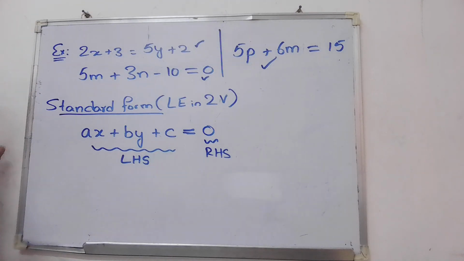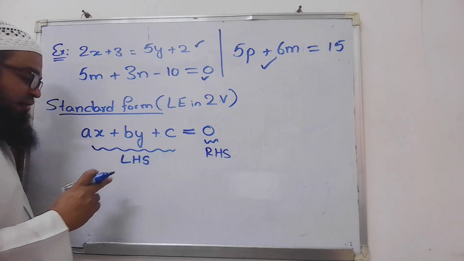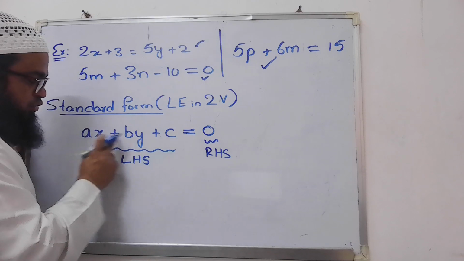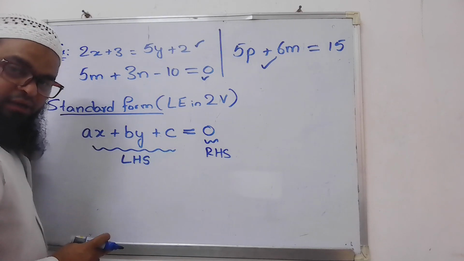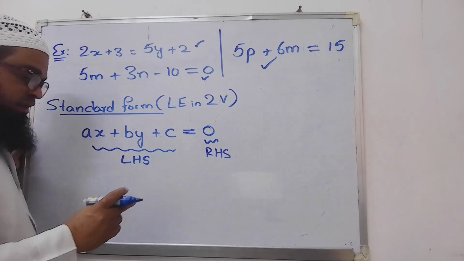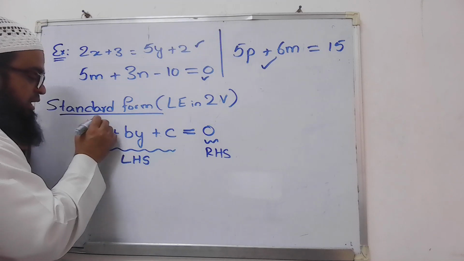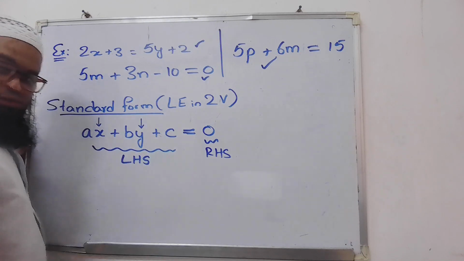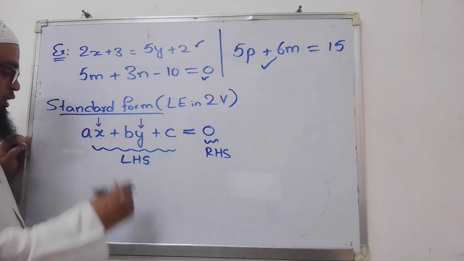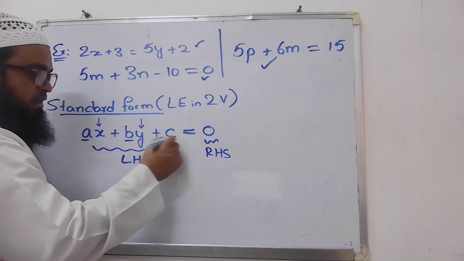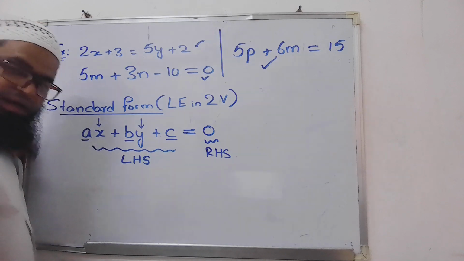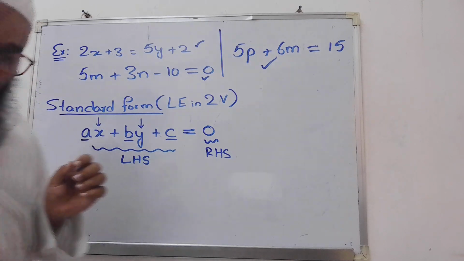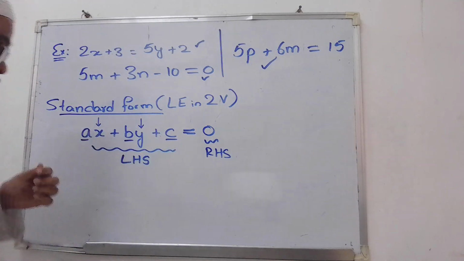Next condition, you may say, sir, we don't have two variables, we have 1, 2, 3, 4, 5 variables, right? It is not so actually. We consider only x and y as the variables. So what about a, b and c? We consider them as constants. Understood, my dear students?